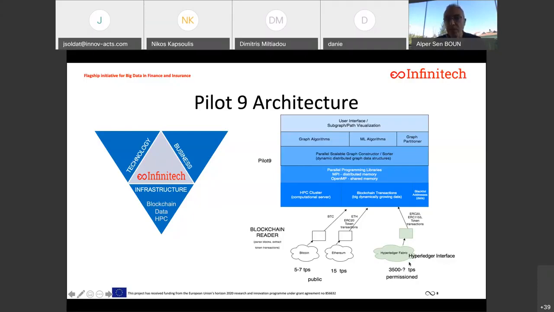We are planning to integrate Hyperledger transactions together with the ERC20, as was mentioned earlier by IBM, and ERC 1155, which is what we are planning to work on this year, which will allow us to provide functionality for multiple tokens.